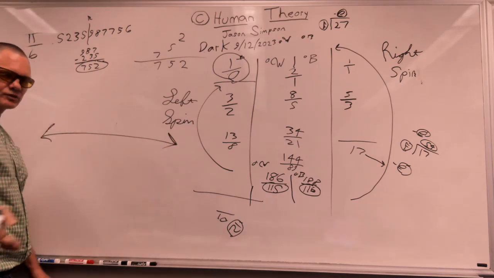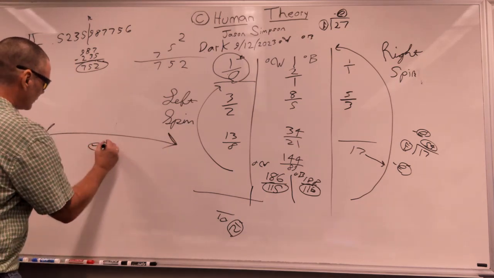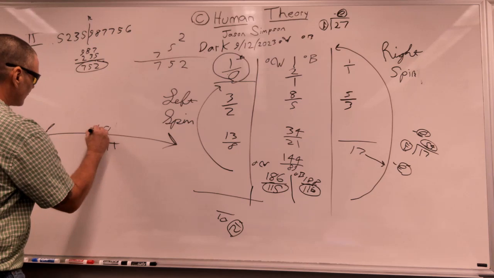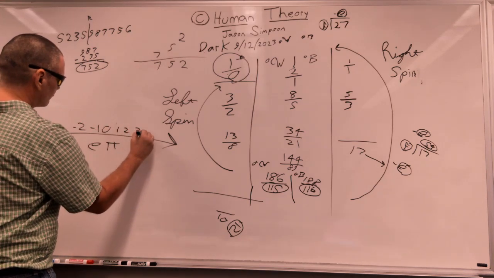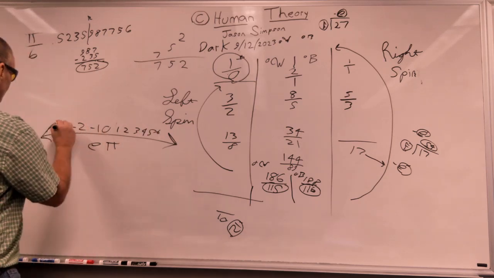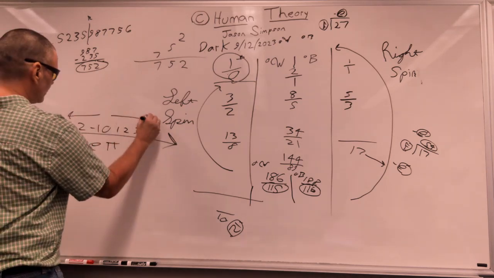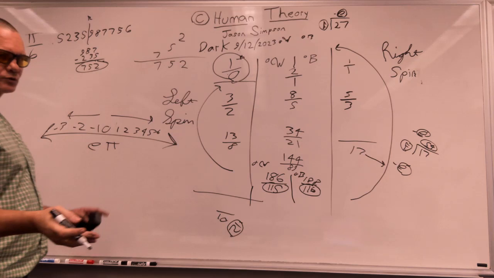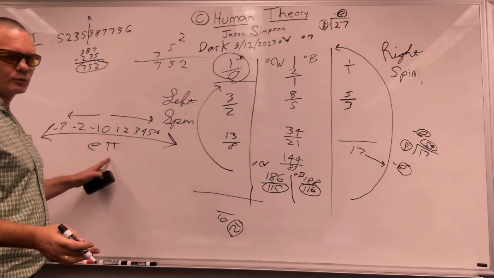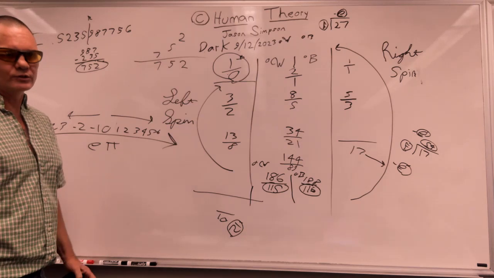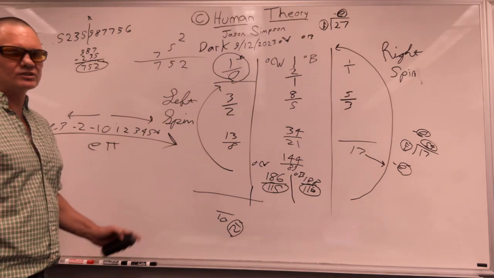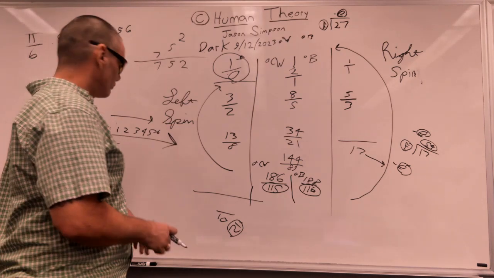And anybody who's ever studied Cantor sets, e and pi make a real number line. Okay, we got 0, 1, 2, 3, 4, 5, 6, and then we go this way or that way. In his original papers, Cantor showed e and pi create a real number line. What I show is that e and pi create the universe. Math is the language of the universe.